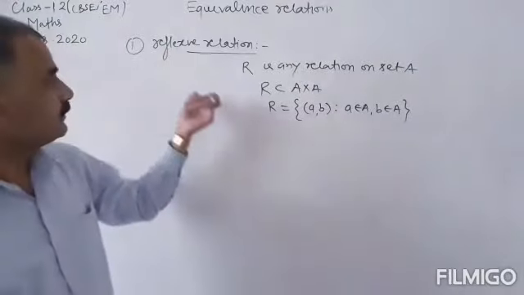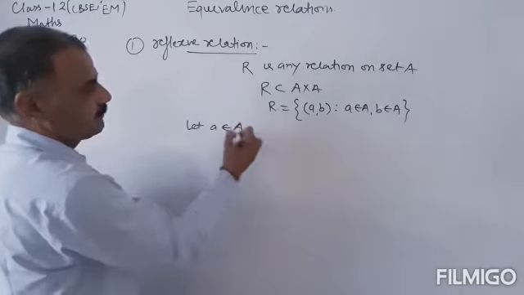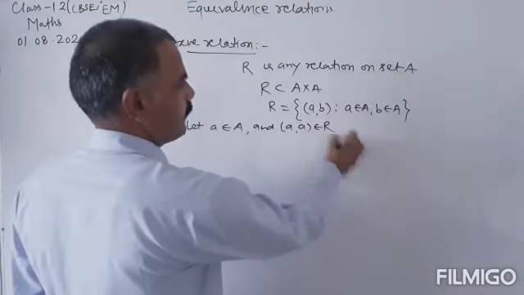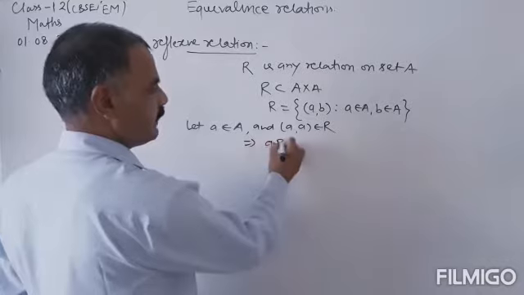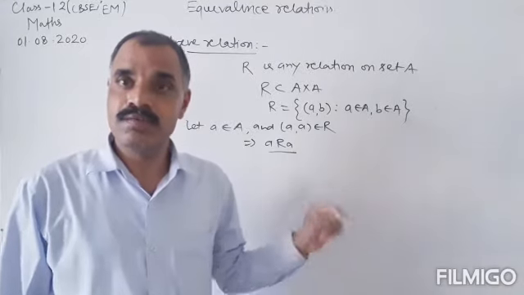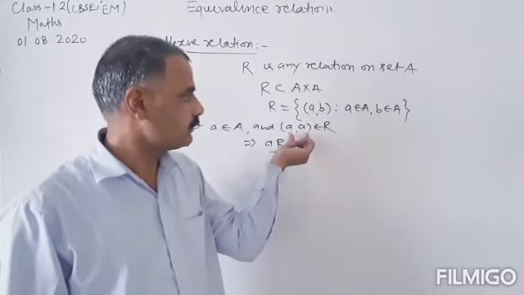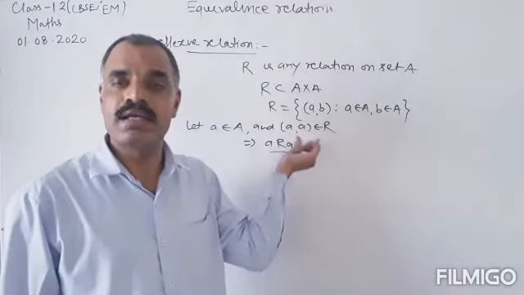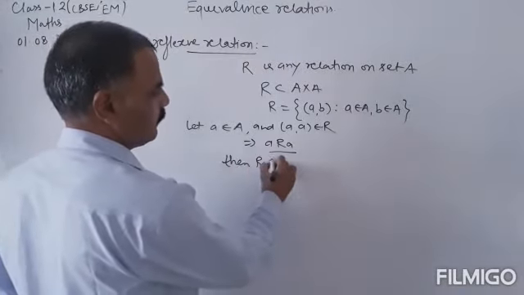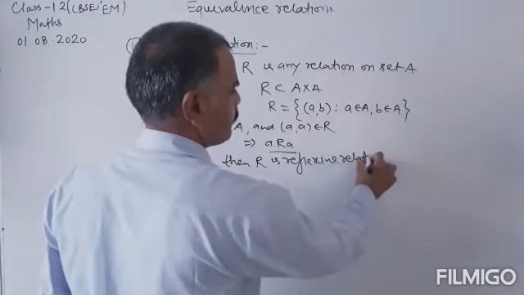Let the element a belong to the set A, and then (a, a) belongs to R. It means if a is related to a, if every element is related to itself, or the ordered pair (a, a) belongs to R, then R is said to be a reflexive relation.